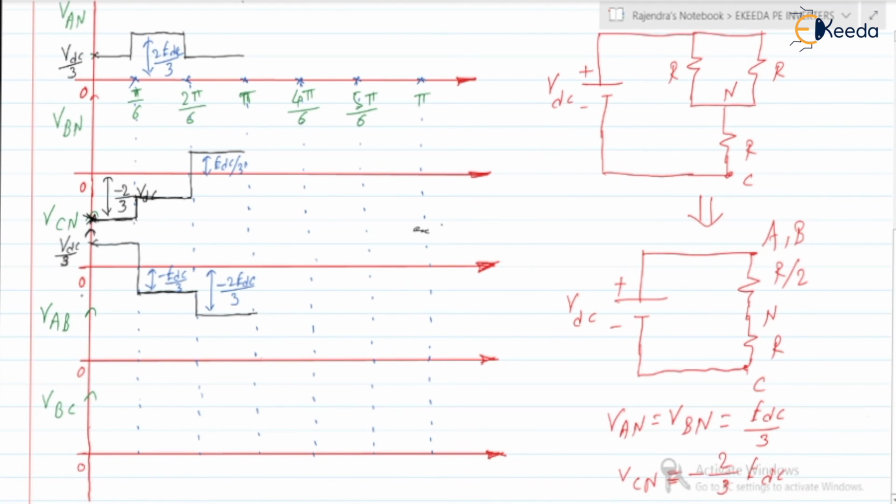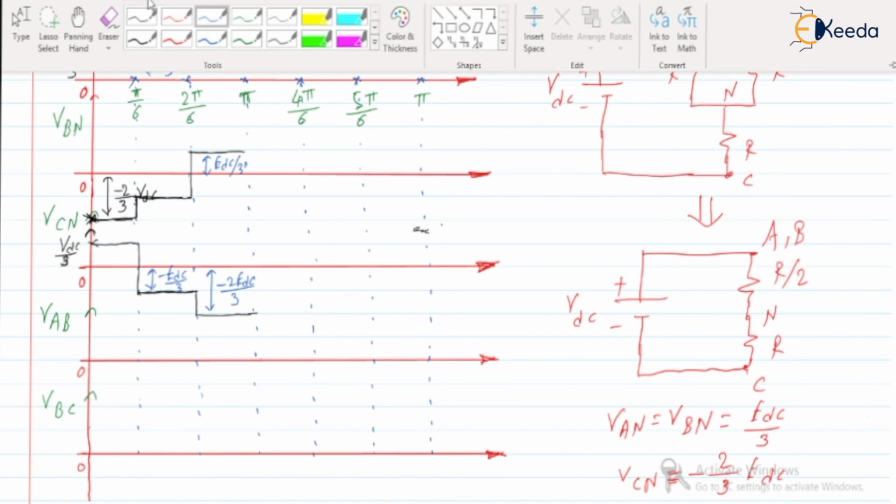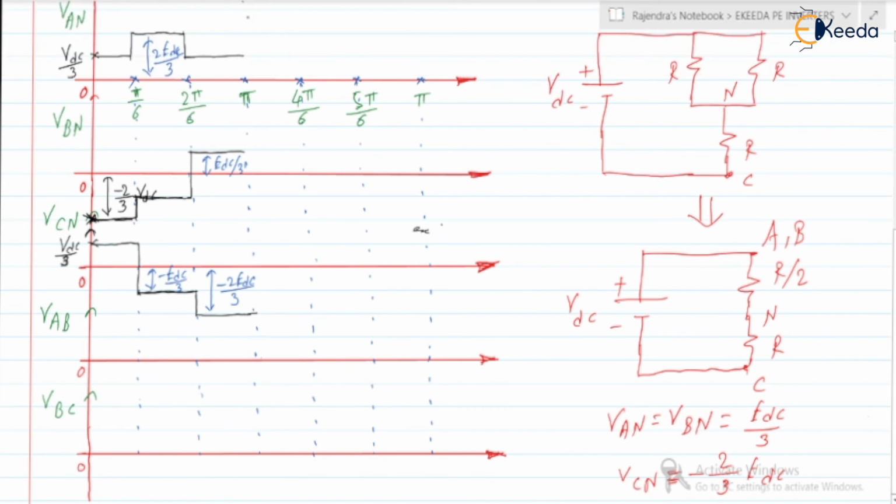So again, during the first three intervals, can we draw the plot for line voltages, right? I have shown here only two line voltages, but we can draw for the three also. Okay, no problem. So if we draw the plot for line voltages, it will be like VAB is nothing but VAN minus VBN, right? So what is the VAB?